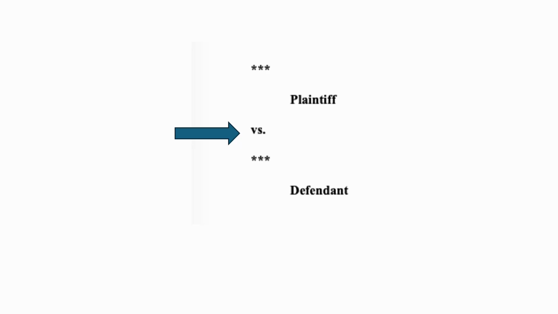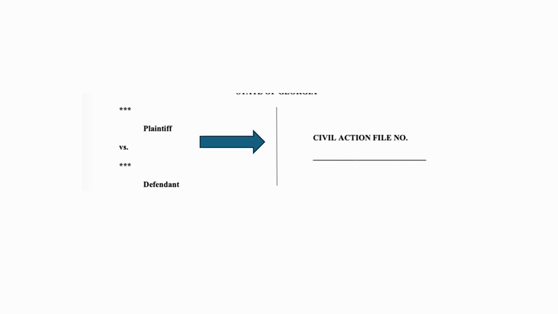Then we have versus, which is in lowercase bold. And then we have the parties, which is uppercase, just the first letter, rest lowercase. And don't forget, it's also indented some as well. Then we have our divider line and our civil action file number. Now, we are given our civil action file number, which is 23 CV or 8974.